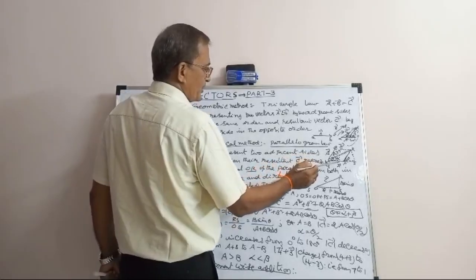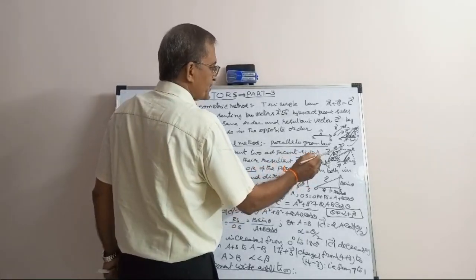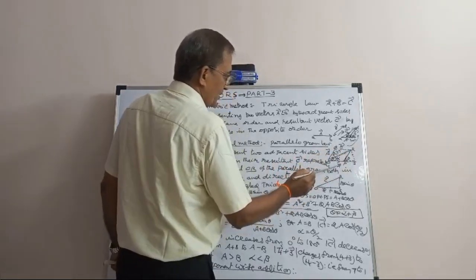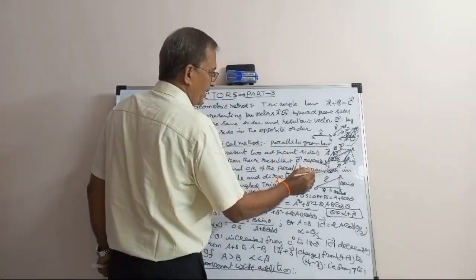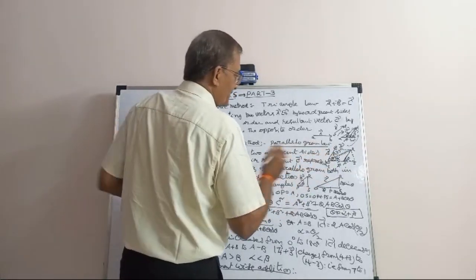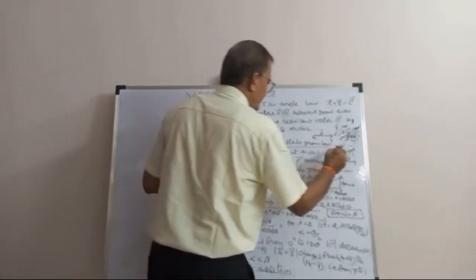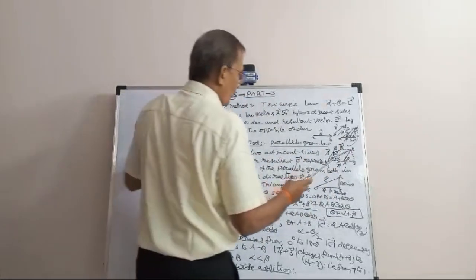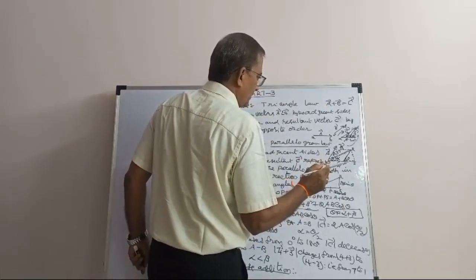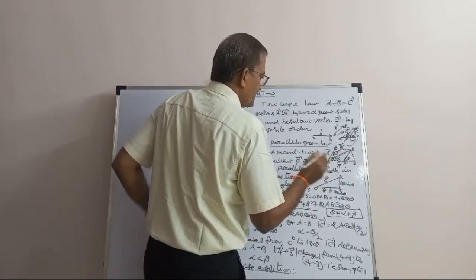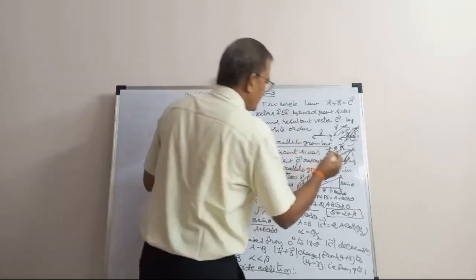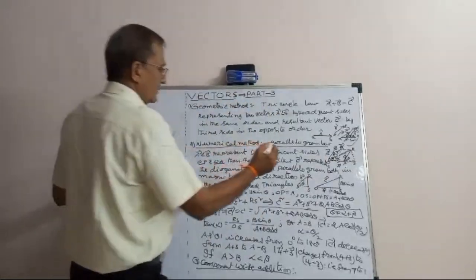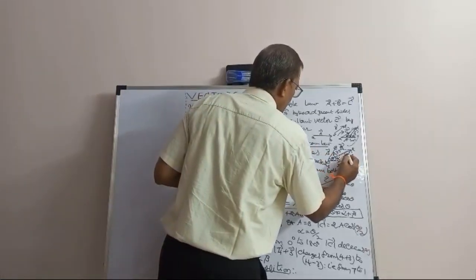In a parallelogram, as you know, the opposite sides are equal and in the same direction, parallel. So if OP represents A bar, QR also represents A bar. If OQ represents B bar, PR also represents B bar.